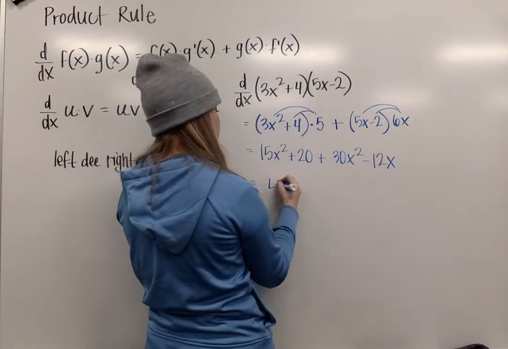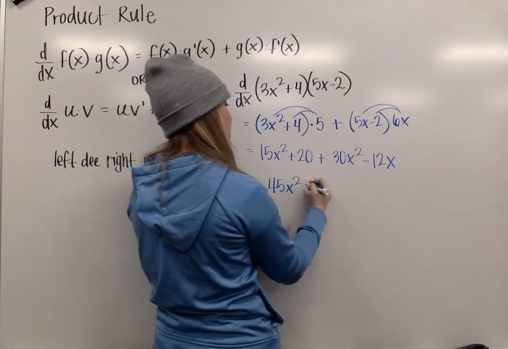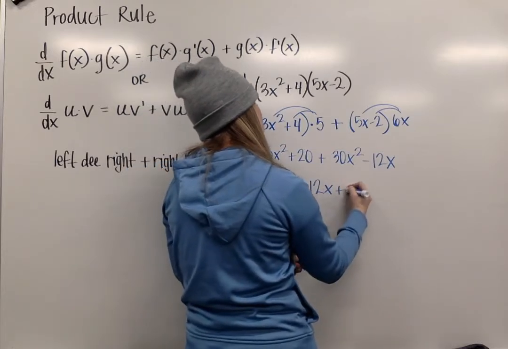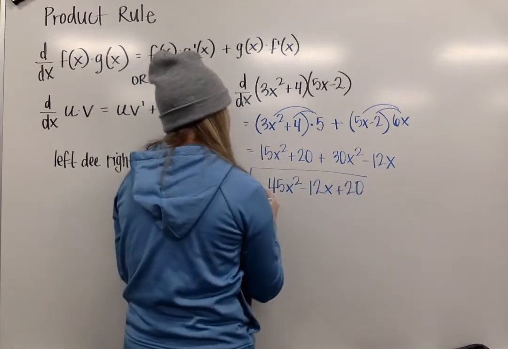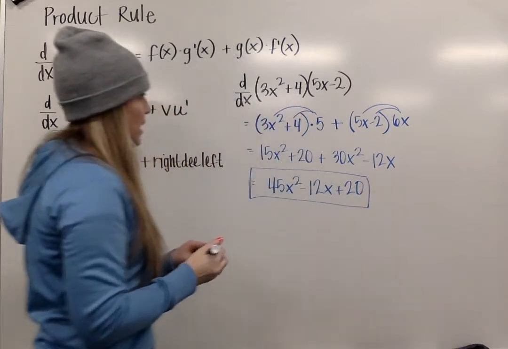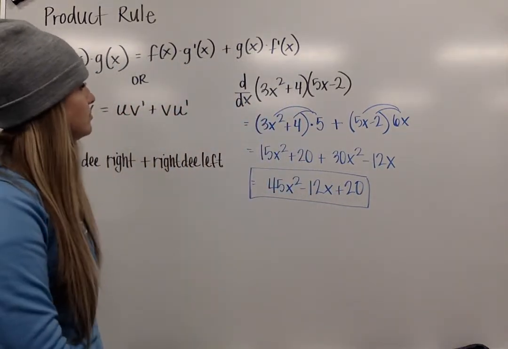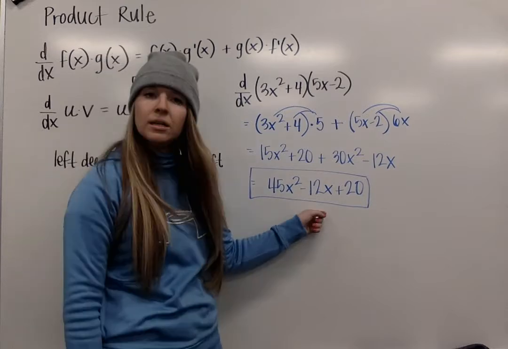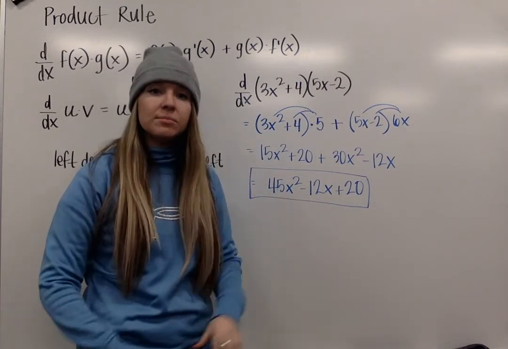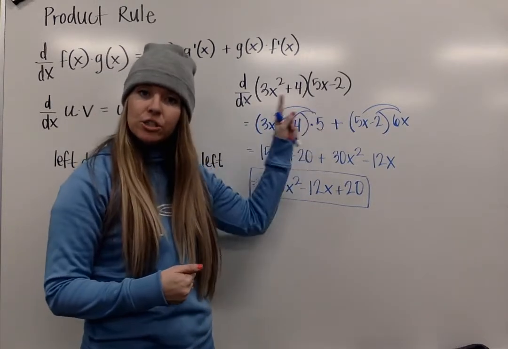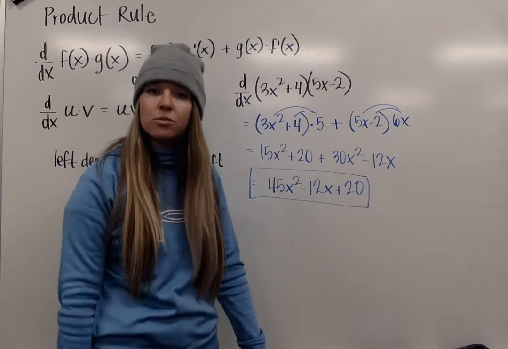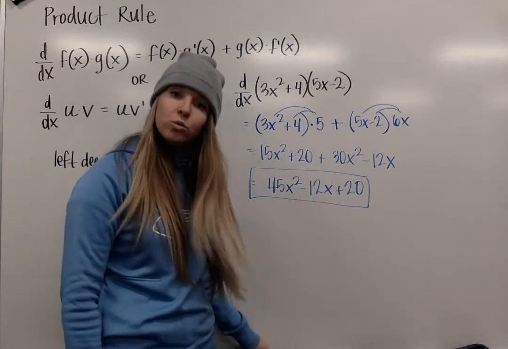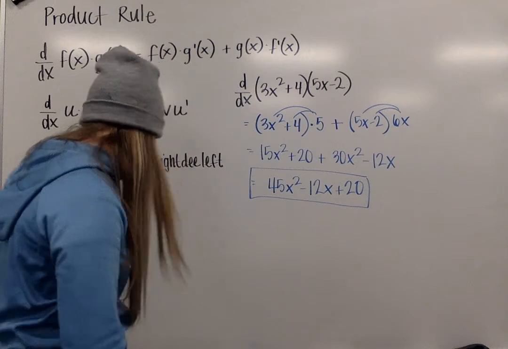That gives me 45x squared minus 12x plus 20. And there's my derivative. Again, go ahead and check it. See if you can get it by distributing those together and taking the derivative with the sum and difference rules that we talked about last time.